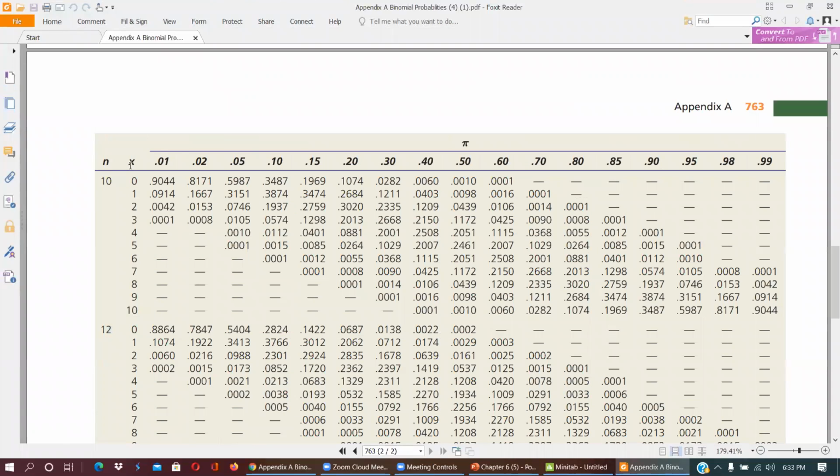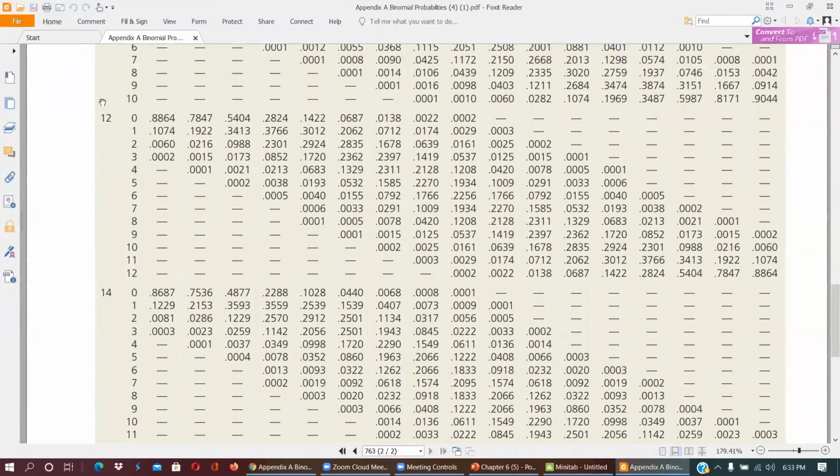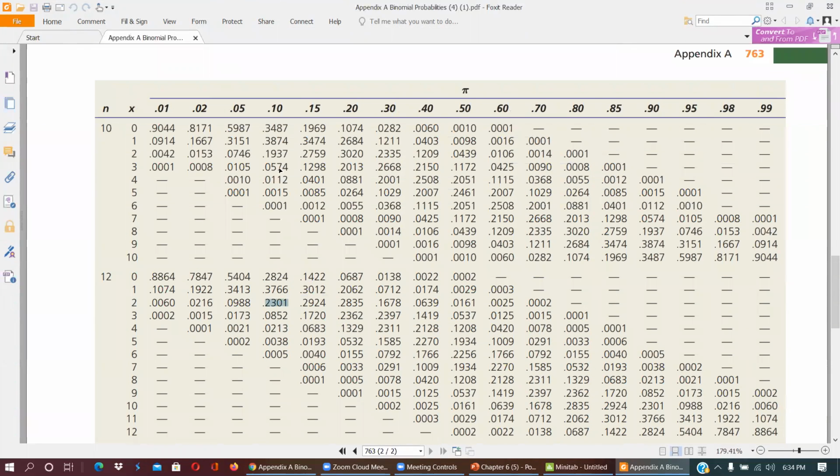And the x value for us is 2. So look, this is 10%, n is 12, and this is our answer. This is exactly 23.1%, 23%, you can see.